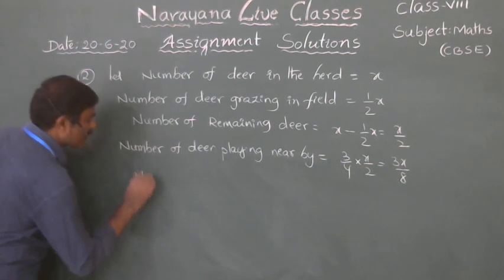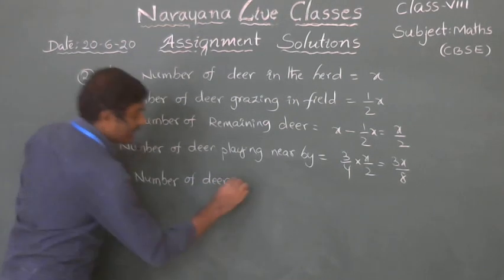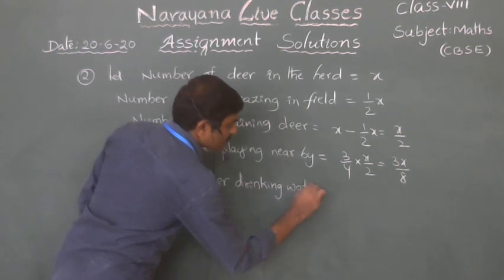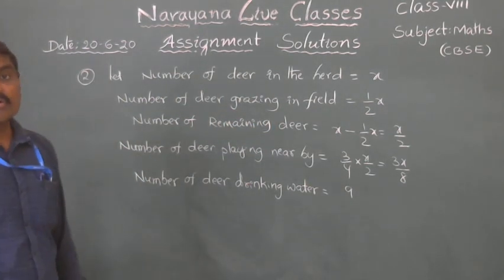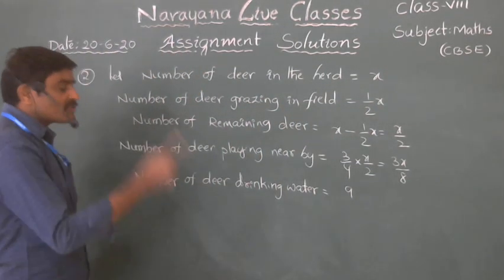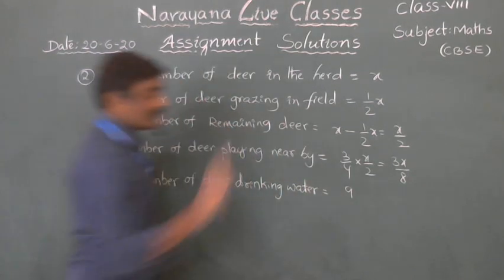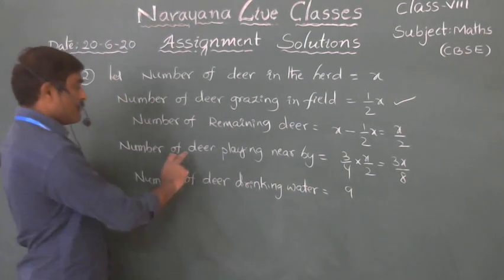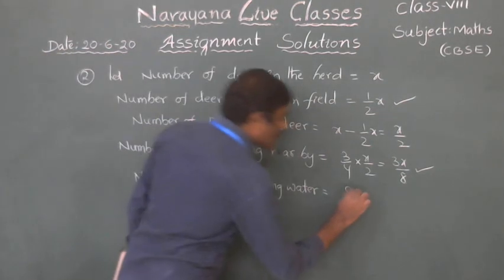So the number of deer drinking water is equal to 9.